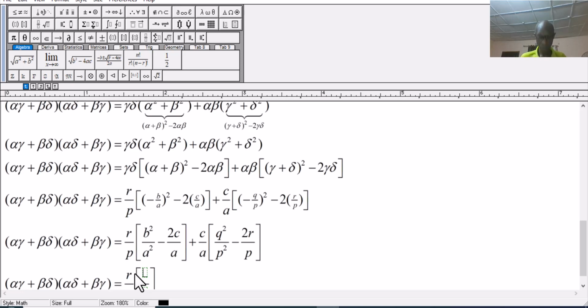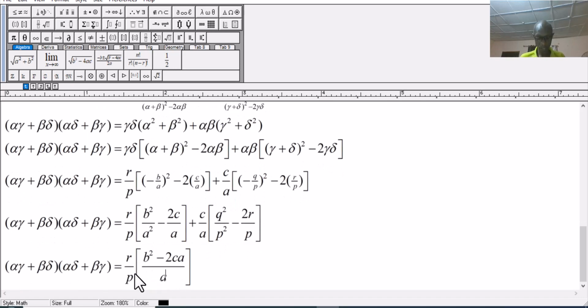So we have b squared minus 2ca over a squared, plus, then we have c over a bracket opened.